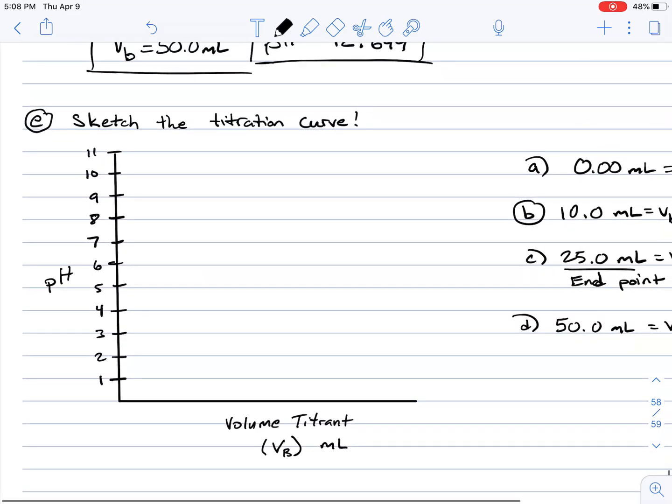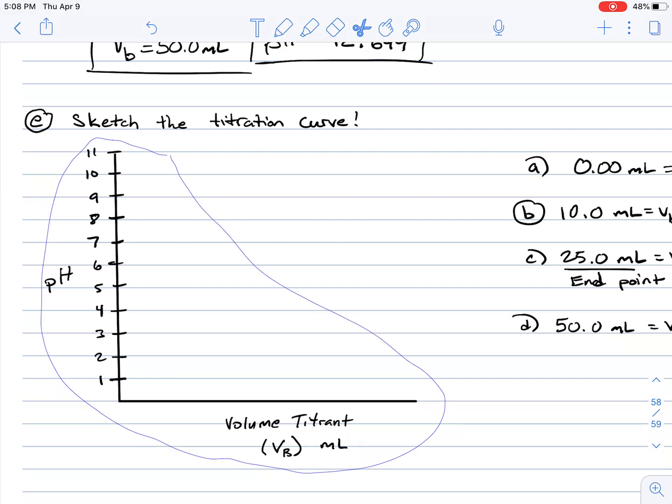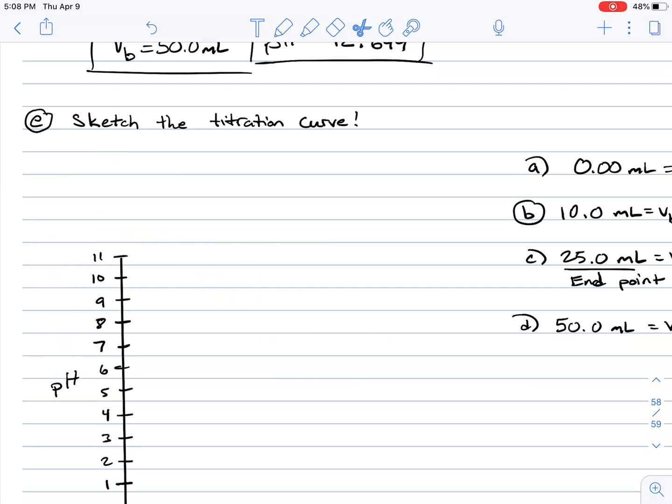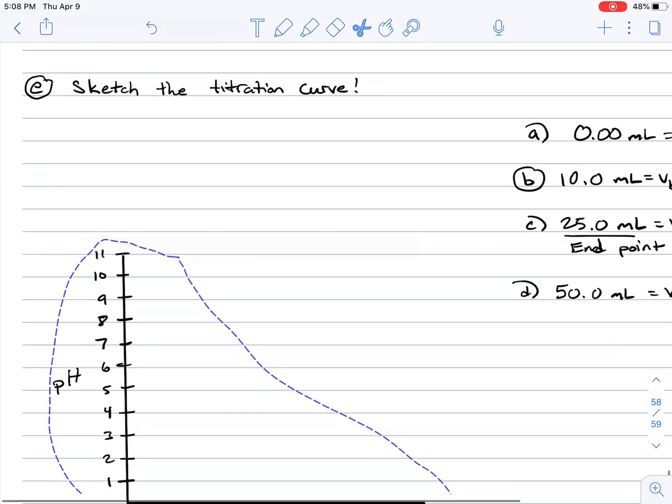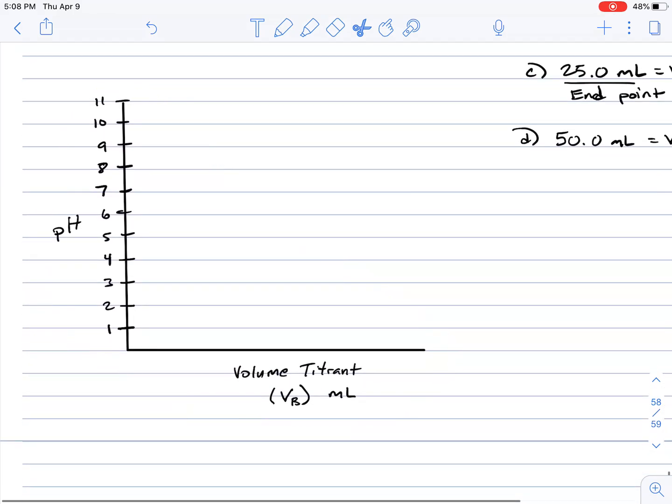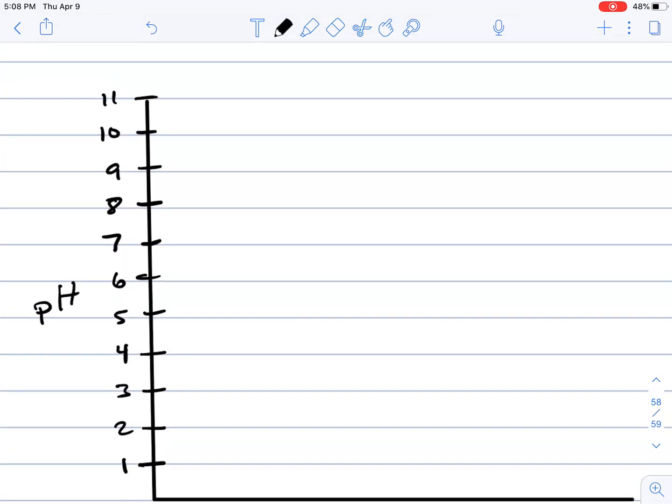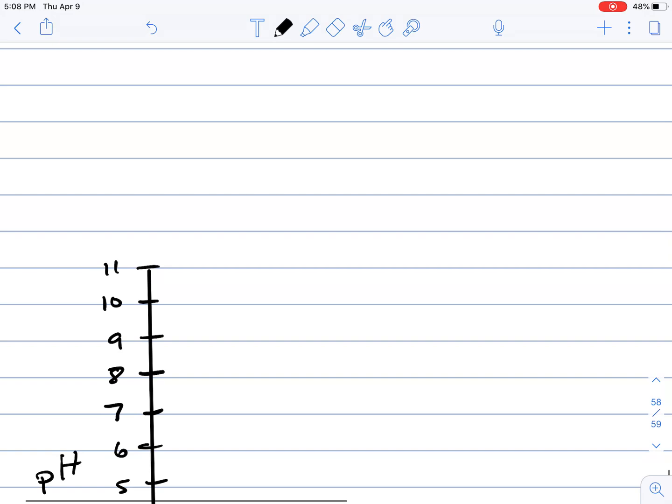So I'll zoom out, and I'm going to scoot this down. Power of technology. All right, and so this is going to be 11, 12, 13, 14.